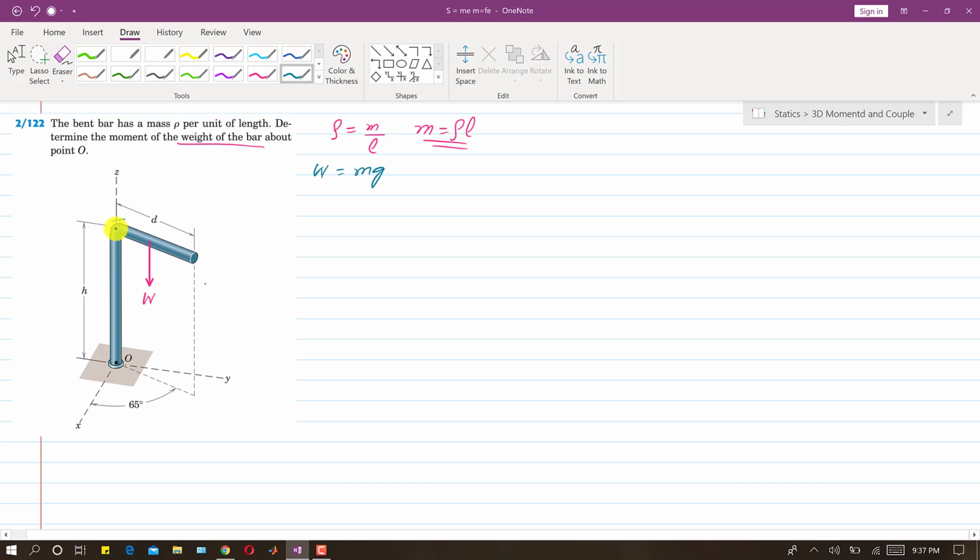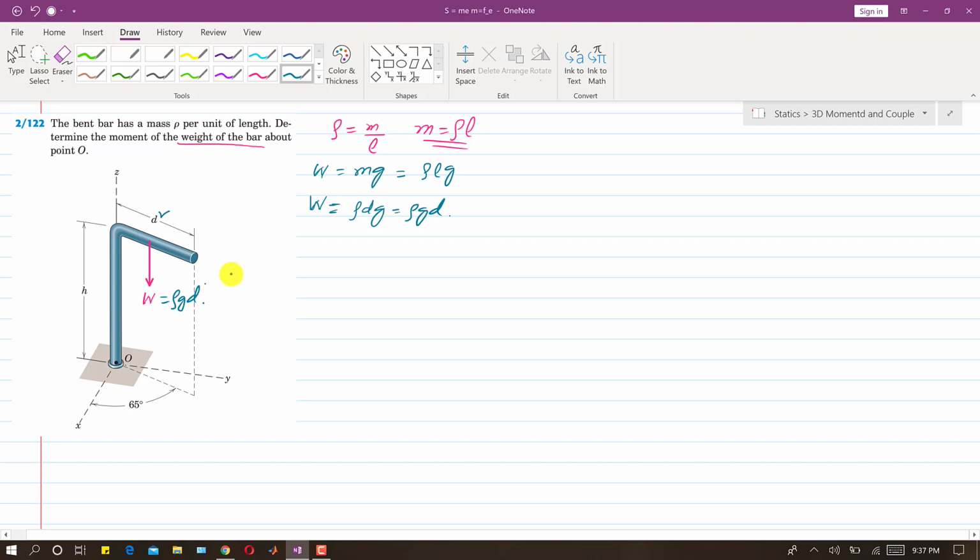Mass will be equal to rho L and g, and since the length of this branch is d, we can write that the weight for this branch is rho d g. So this will be the total weight of this branch of this bent bar. Now this weight is equal to rho g d.